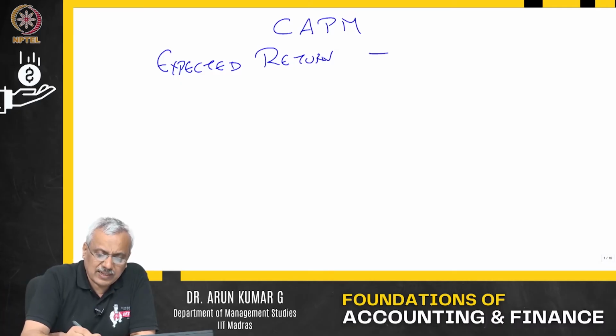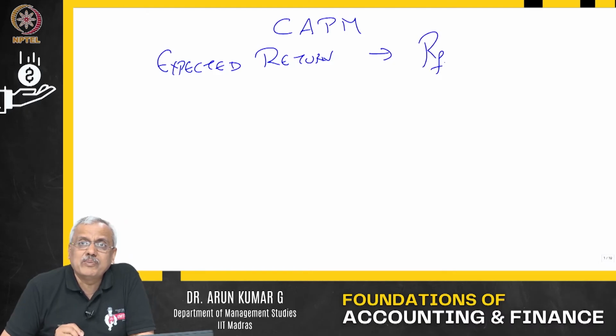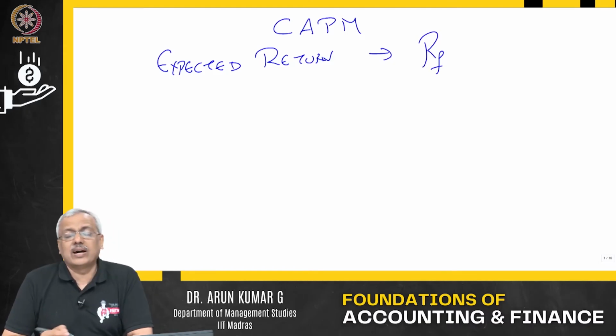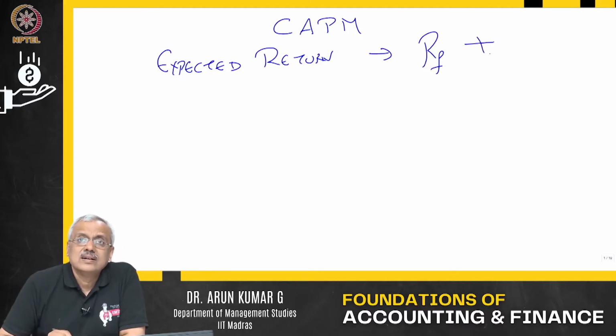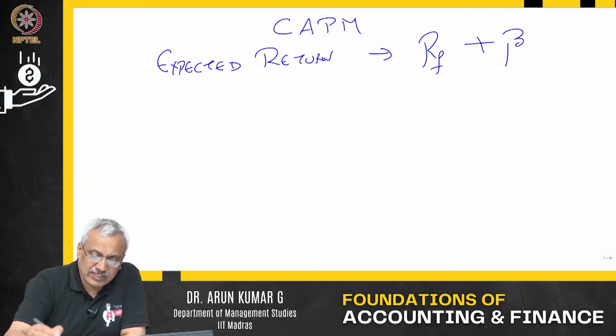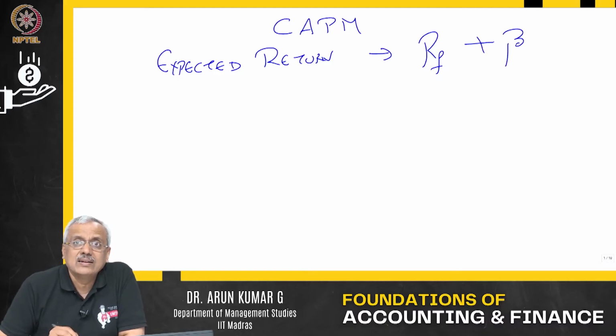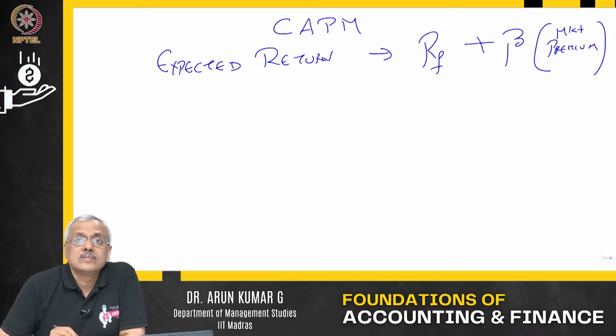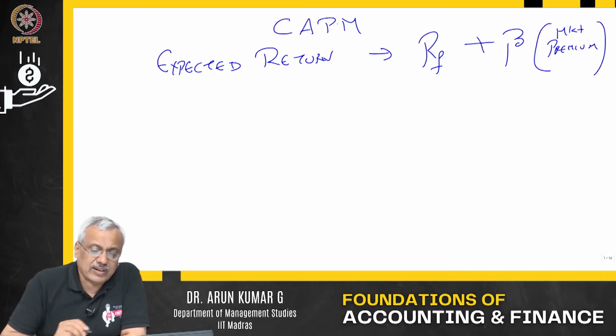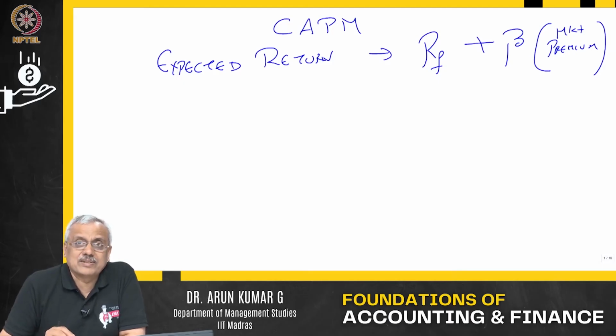We said that expected return can be found out by the risk free rate, that is the minimum amount of return that a risk free asset gets, plus the risk factor of your investment measured in terms of beta, into the market premium. And we said that this is what we call CAPM, or capital asset pricing model.